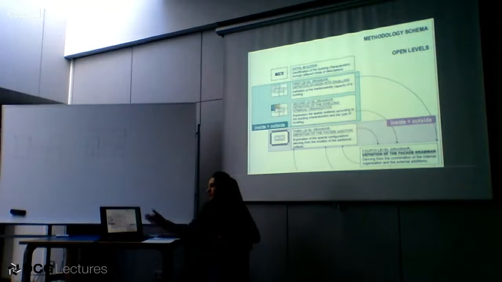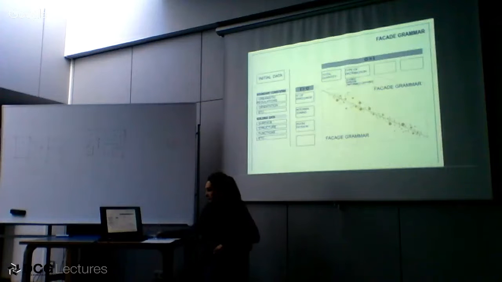Those levels are not in a linear sequence, they are open levels, because the first two start from an inside to outside approach, while the last one starts from the outside to the inside, because I saw during the analysis of the already done experience that the addition simply took the function that was already given during the design phase, while starting from the external gives different possibilities of internal organization of the building itself.